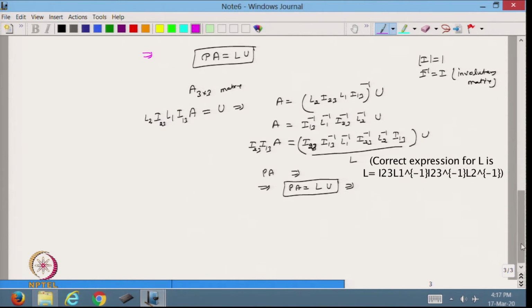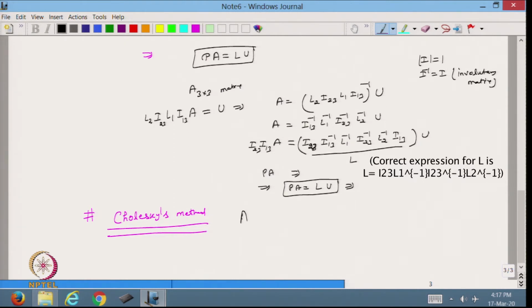Now, we take another very important method, and that is called the Cholesky method. So, what is going to happen in the Cholesky method?